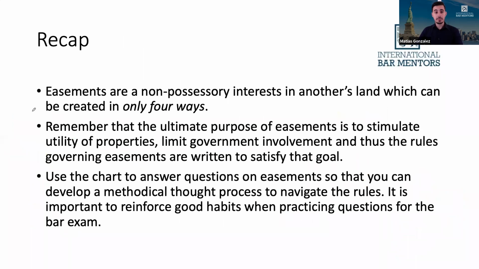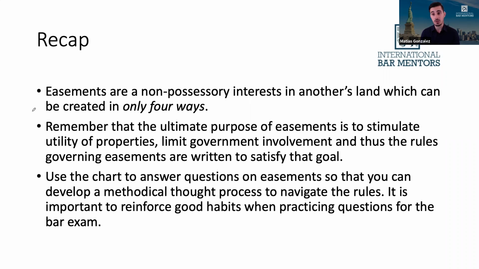So, quick recap. Easements are non-possessory interests in another's land, which can be created in only 4 ways, as we saw here. Remember that the ultimate purpose of easements is to stimulate the utility of properties and limit government involvement, and therefore the rules for easements are written to satisfy that goal. So if you can show one of the 4 ways, you have an easement.